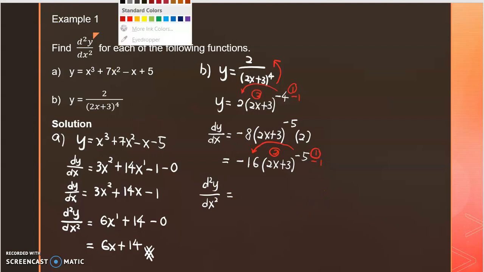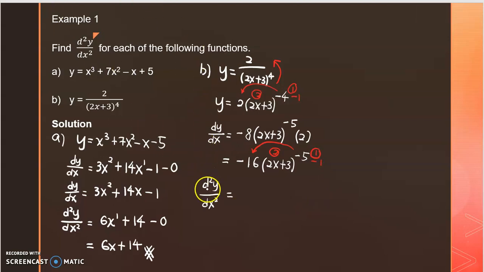So from here, my second derivative of y with respect to x will become negative 16 multiplied by negative 5, will become positive 80. Multiply with (2x plus 3) to the power of negative 6, followed by the multiplication of the derivative of this bracket.